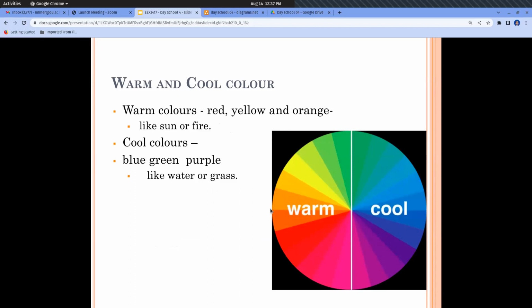When we design a graphical user interface, we have to think about those colors, because with these colors the attraction of users will change.